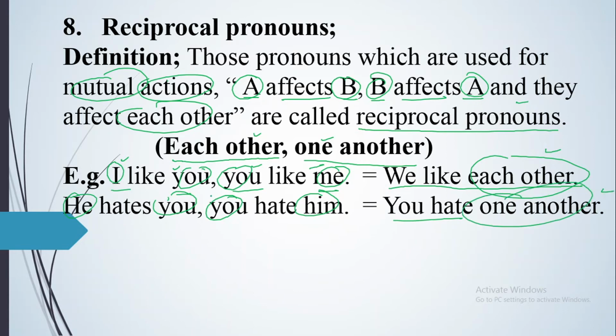So A affects B, B affects A. Instead of all these, you will be using the reciprocal pronoun. A affects B, B affects A, and they affect each other or one another. Instead of saying that much long sentence, you will be saying we like each other, and instead of this long sentence, we should say we hate one another. So each other and one another are the reciprocal pronouns.